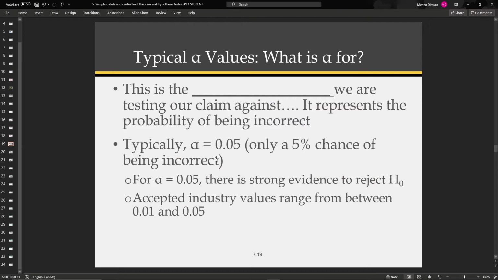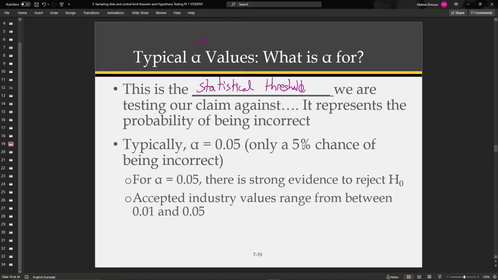What's this alpha value? This is the alpha value, and this is the symbol for it. It actually kind of looks like a fish. This is the statistical threshold we were testing your claim against. It represents the probability of being incorrect.